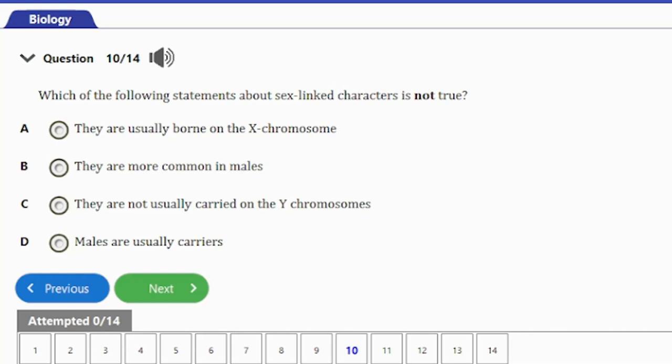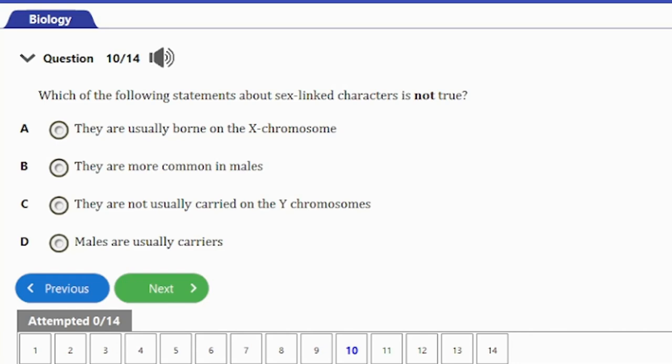Actually, the sex-linked characters or the sex-linked traits are determined by genes located on the X chromosome. So they are usually borne on the X chromosome and are more common in males because they have only one X chromosome.